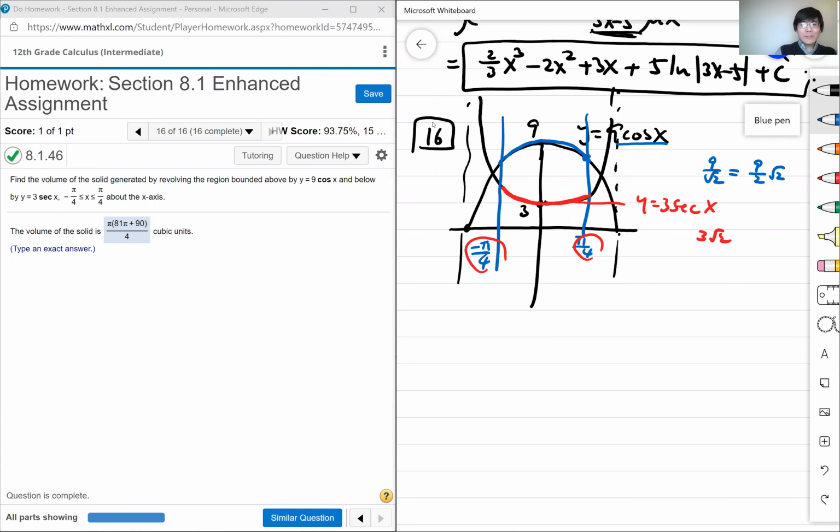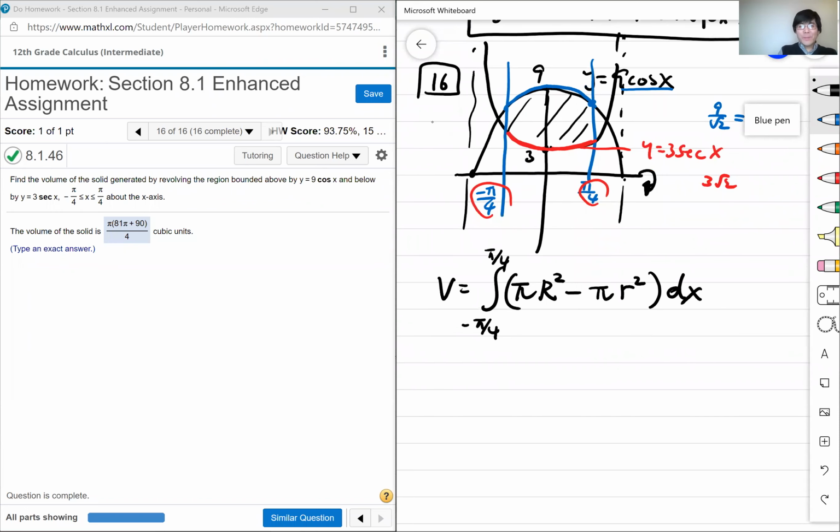Okay. The problem is we're going to generate the volume, the solid, by rotation with respect to the x-axis. So I have to use the washer method. So volume will be pi times the bigger radius squared minus pi times the little radius squared over the interval of negative pi over 4 through pi over 4.